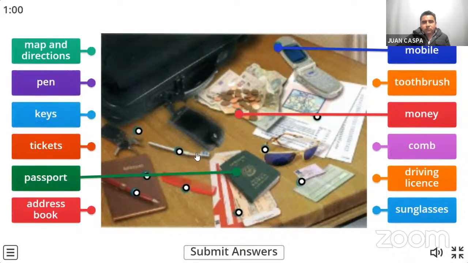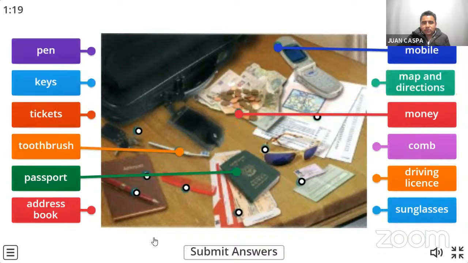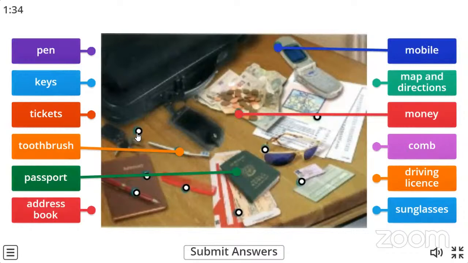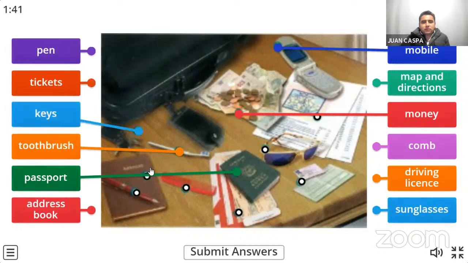And this one? Toothbrush. Toothbrush, right? Very good, toothbrush. And this one to open the doors. I think my image is not in a good resolution, but I don't know what that is. Keys. Keys, yes. And how about this? Sunglasses.